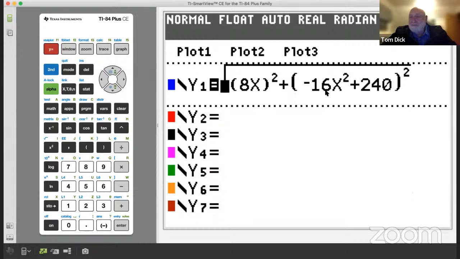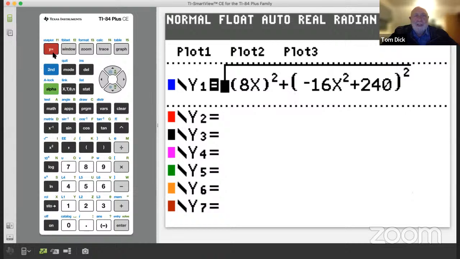Well, if I solve that inside piece of the parentheses equal to 0, I'm going to get x squared equals 15, if I do my calculation in my head. Yep. So when time equals the square root of 15, that's when the snow chunk has hit the ground.